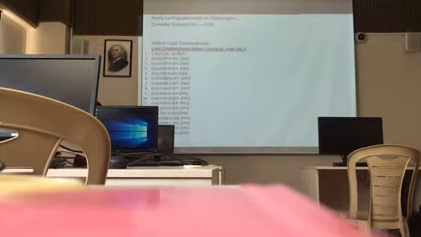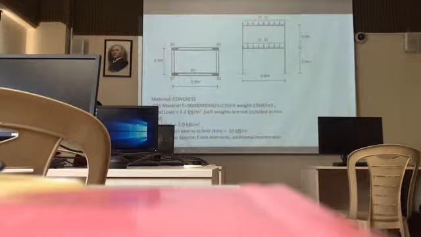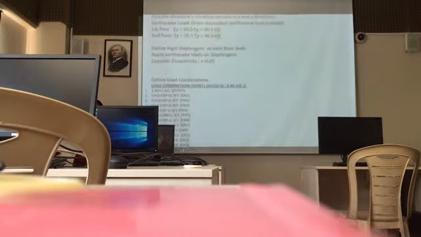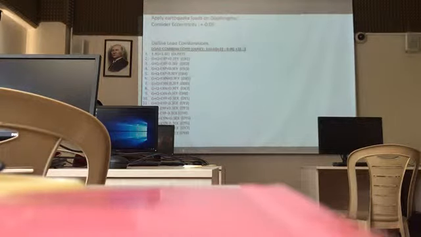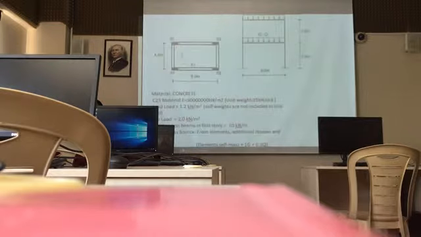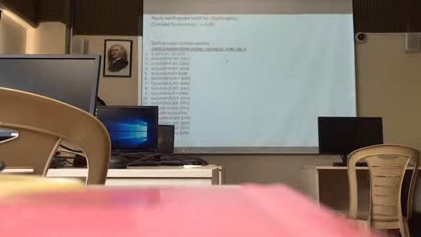For example, I have 17 load combinations. For example, in this beam, which load combination will give me the maximum moment in the middle, for example? In order to find maximum element forces at each member, we have to take another load combination, which is called envelope.